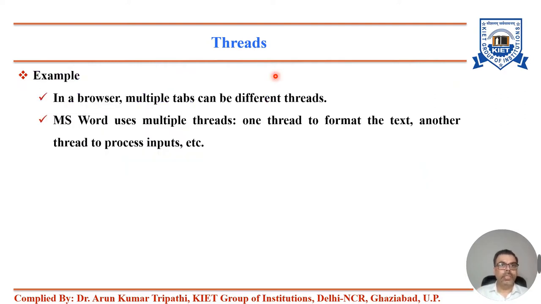So example is browser. In a browser, we can open multiple tabs. So each tab has a different thread. MS Word uses multiple threads, one thread for text formatting, another thread for processing input, etc. Along with this, there is one of the most popular examples, which is the media player.